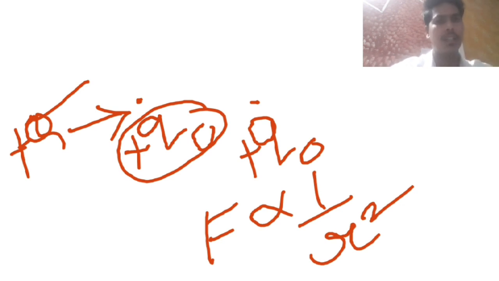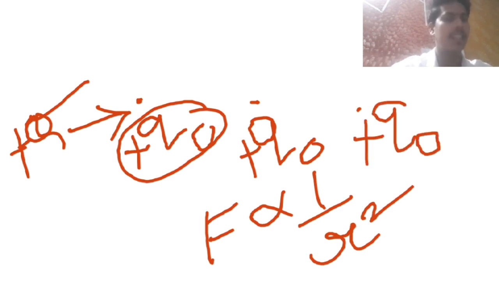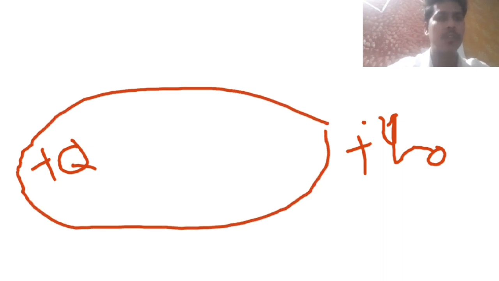So as much as we move away from this positive Q charge, the force will decrease, and there will be a point at which there will be no force due to this positive Q charge. Let us suppose we are here, so this one is a very far point. Okay, so this positive charge is not applying any force on this small Q naught charge. Why? Because it is very far.